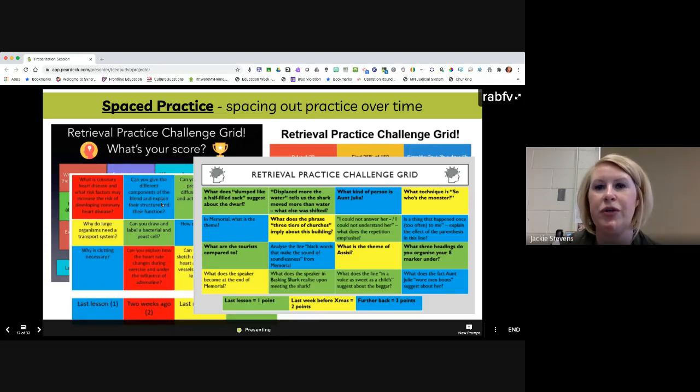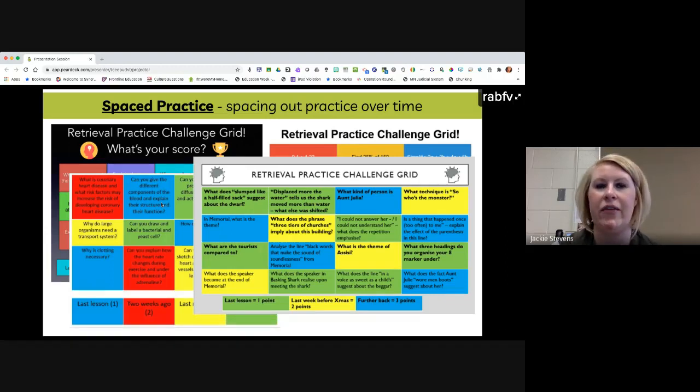These are retrieval practice challenge grids, because spaced practice is kind of a form of retrieval practice. What these teachers have all done is they make a grid, and if it was from the very last lesson that you did, it's in the green and it's worth 1 point. The questions that they answer in yellow are from the week before a break or 2 weeks ago or something like that, and they're worth a couple more points.